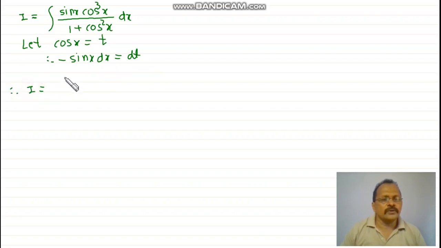I equal to integration t cube upon 1 plus t square into minus dt. Take minus outside, minus integration.